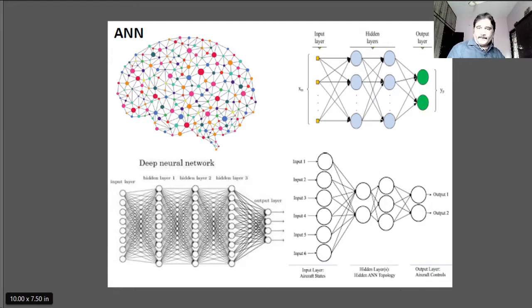And then there will be a number of neurons on the other end of the network, and those neurons will be equal to the number of outputs you are interested in, right? You may have different neural networks for different outputs, or you may combine all the outputs in one neural network.